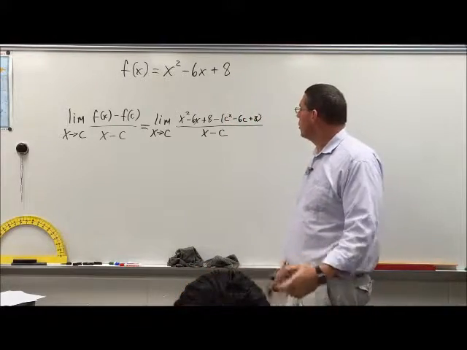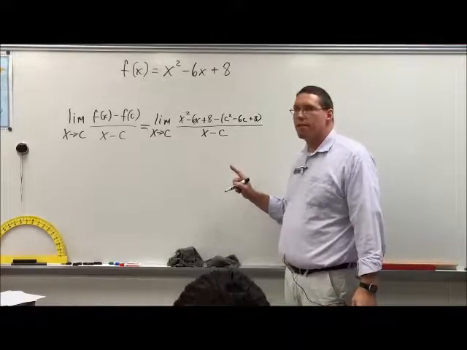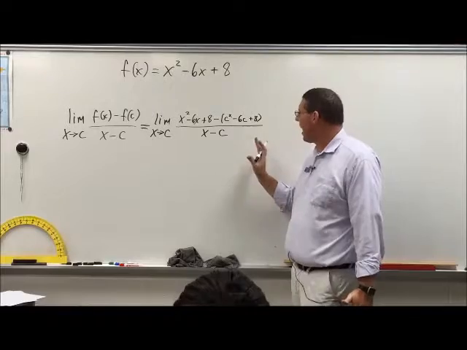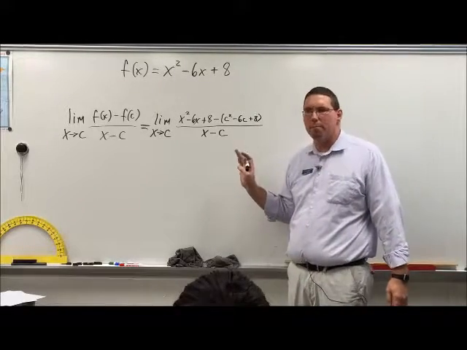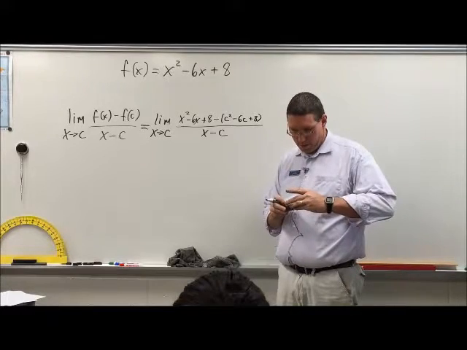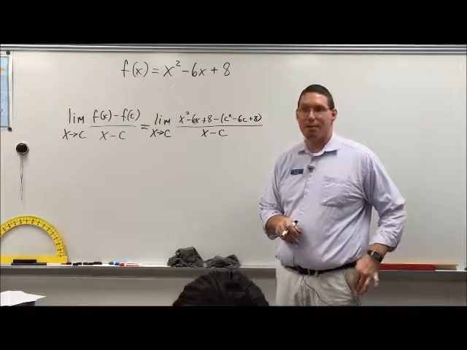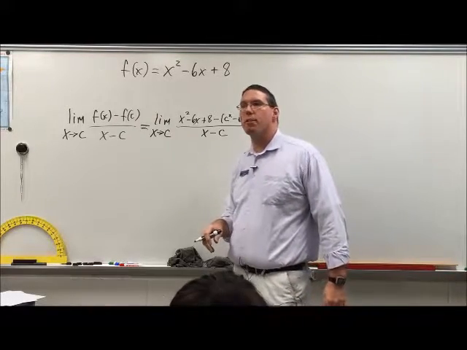The first thing I want you to notice is what is the first thing that we can simplify up here? Look at it, and I want you to notice that there's something that can be simplified. The eights. Yes, the constants can do what?